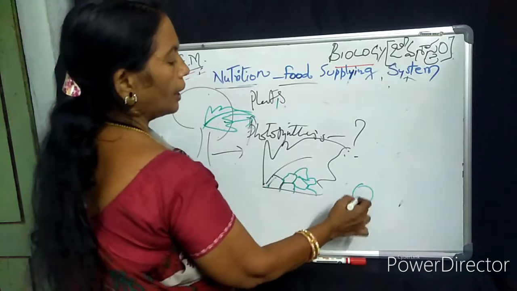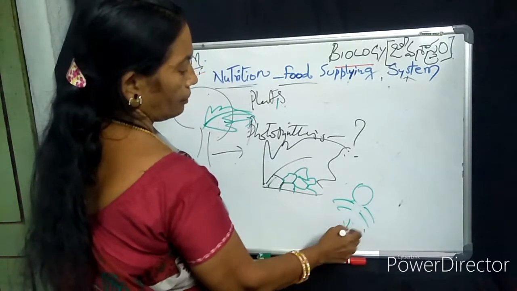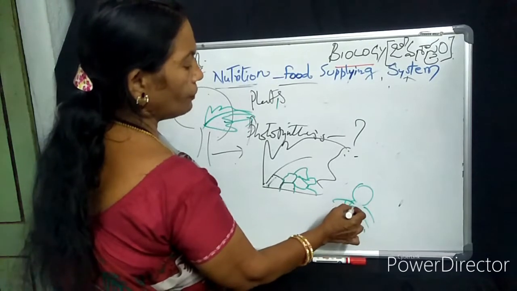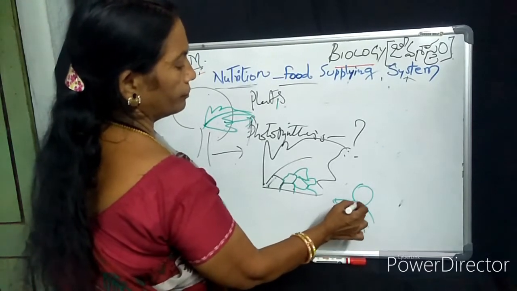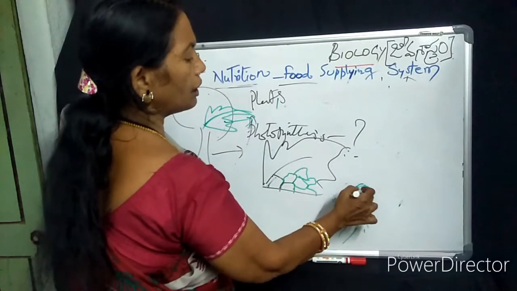If we take an animal, our body also has cells. Cells are the unit of life.